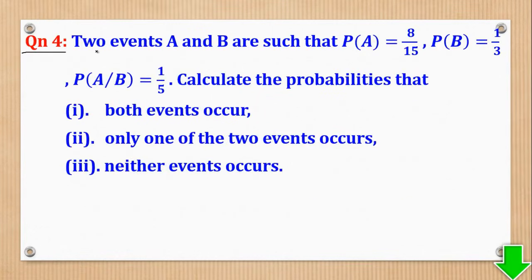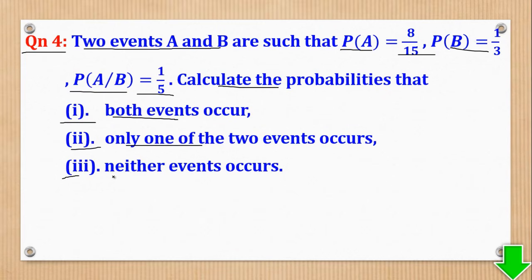Then now we shall go to question 4, which says two events A and B are such that probability of A is this, probability of B is that, and probability of A given B is this. Calculate the probabilities that Roman 1, both events occur, Roman 2, only one of the two events occurs, and Roman 3, neither event occurs.